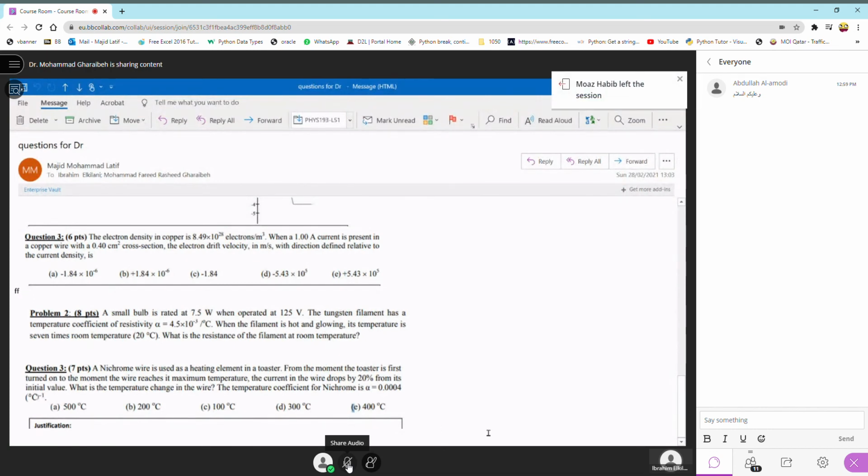So we need to find R0 basically, not R. Yes, that's asking to find R0, not R. What is the resistance at room temperature? Did you get it? Okay.